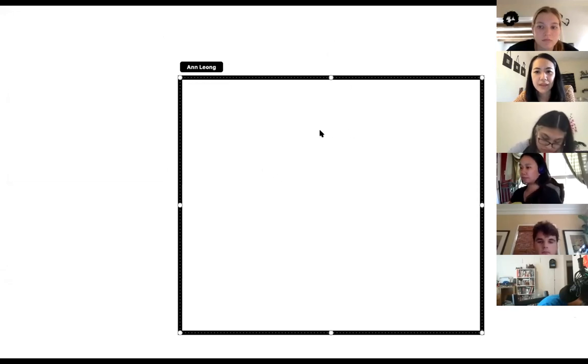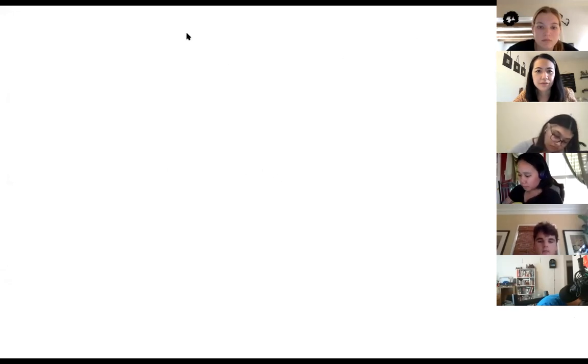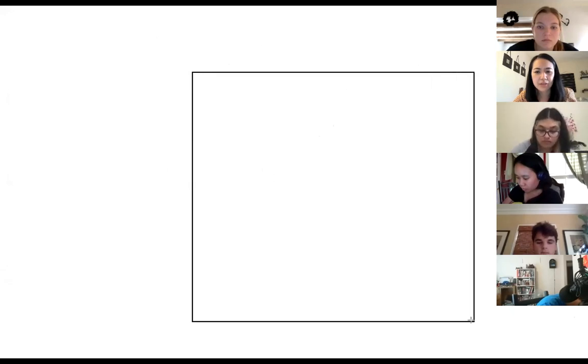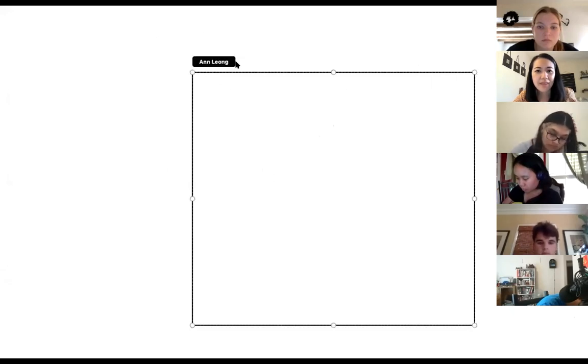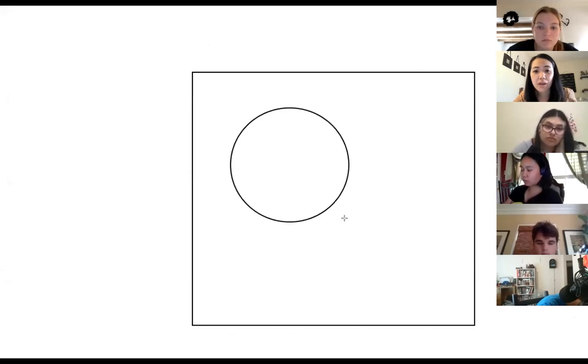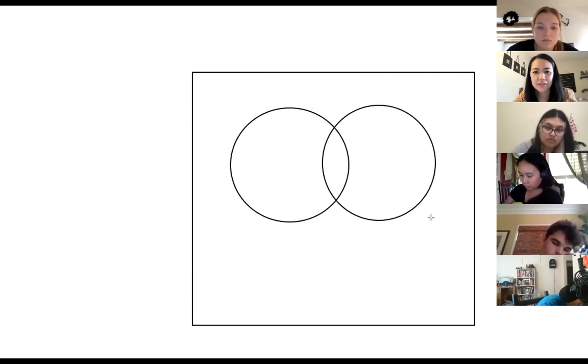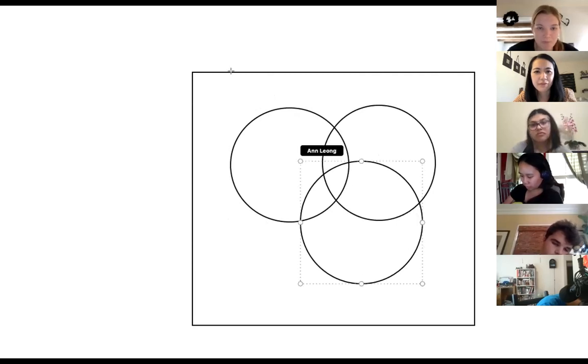All right, so draw a box to represent your sample space. And then we're going to draw 3 circles, 1 for statistics, 1 for calculus, and 1 for band.